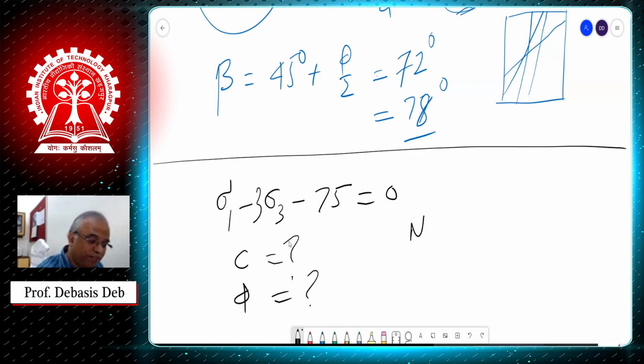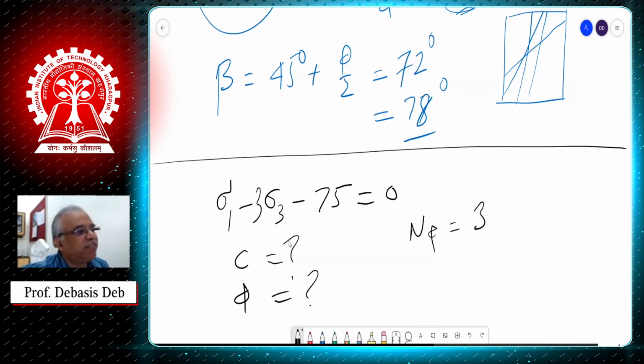So this equation was given as sigma 1 minus 3 sigma 3 minus 75. By comparing, N phi will be 3 and 75 will be 2C root N phi. So N phi is 3. If N phi is 3, phi value will be 30 degree. From there you can find out.